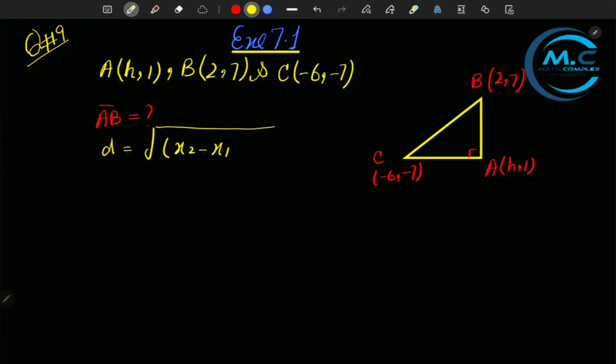x2 minus x1 whole square plus y2 minus y1 whole square.